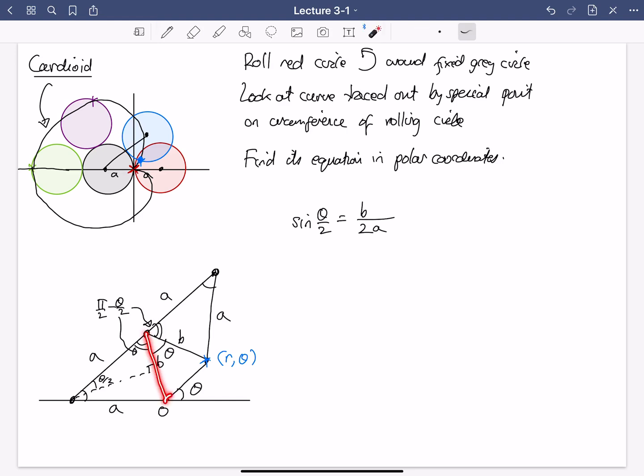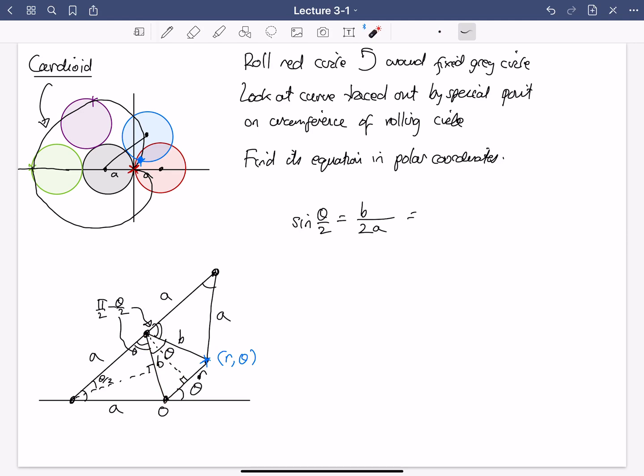And here, I've got another isosceles triangle, two sides B and B. So again, I'm going to drop the perpendicular there. This side length here is r. That's what I'm after, right? The distance from our special blue point to the origin. So I'm trying to calculate r, and I can do it by doing SOHCAHTOA in that right angle triangle.